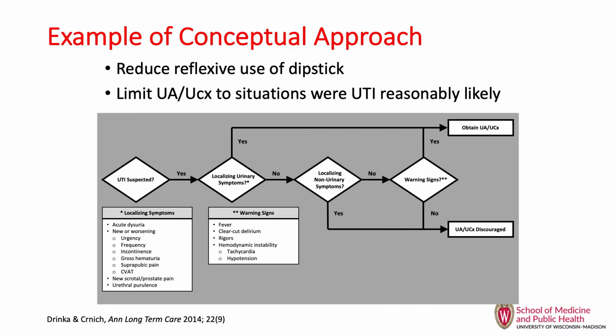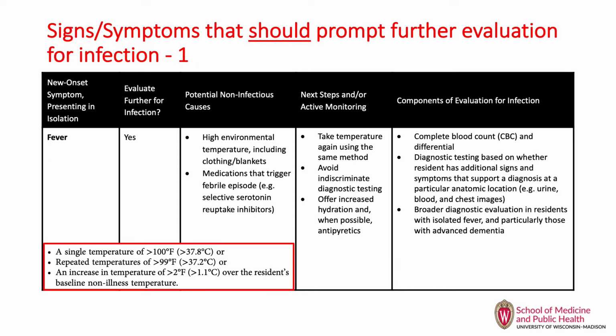Okay, so what are signs and symptoms that our group felt had evidence to support that they should lead to additional testing and a stronger consideration for infection? Clearly, fever is one of those non-localizing signs and symptoms.